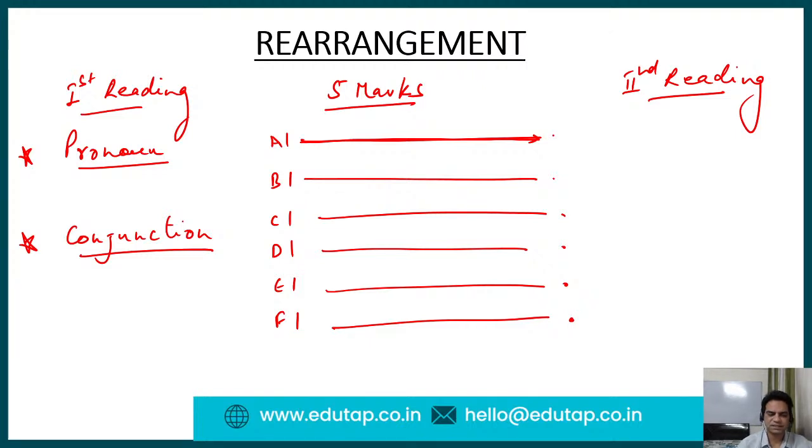The reason being, pronouns are used to replace nouns, right? When a noun is replaced in a sentence, that means it has already been spoken of in a previous sentence. So any sentence carrying a pronoun cannot be the first sentence.